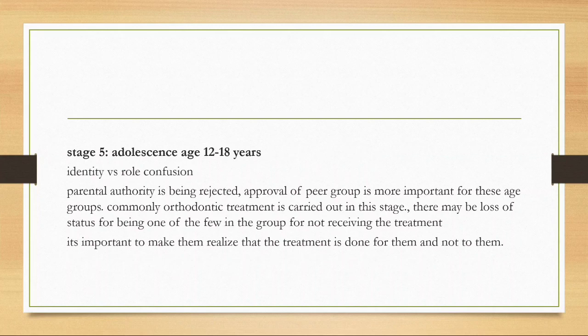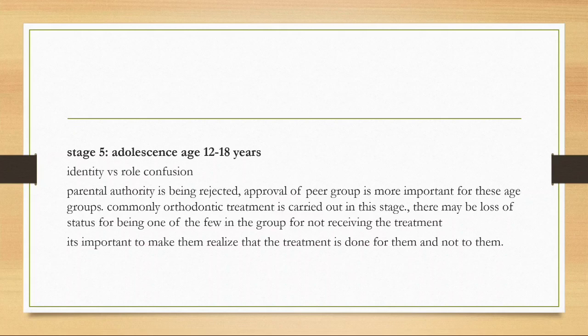And at 12 to 18 years, there is stage 5, the adolescent stage, a crisis between identity and role confusion. Parental authority is being rejected. Approval of the peer group is more important for this age group. So orthodontic treatment is commonly carried out in this stage because peer group influence is high.